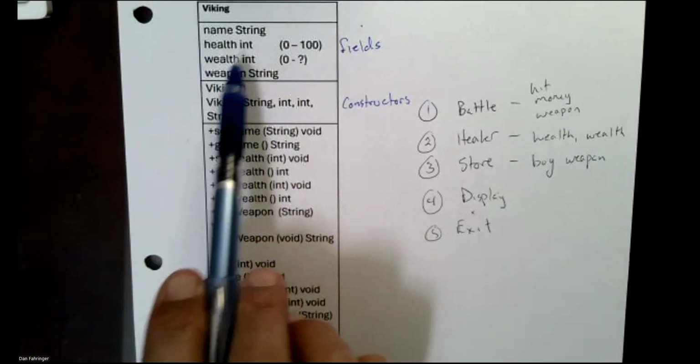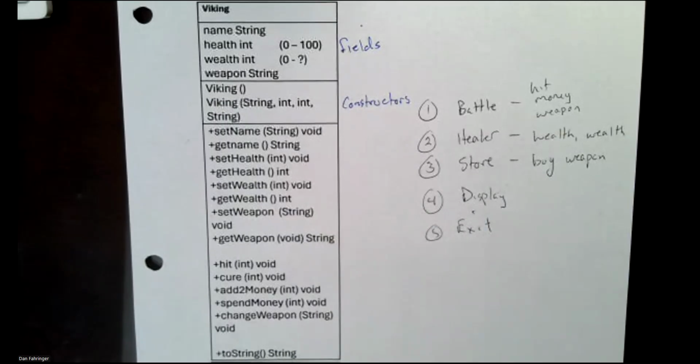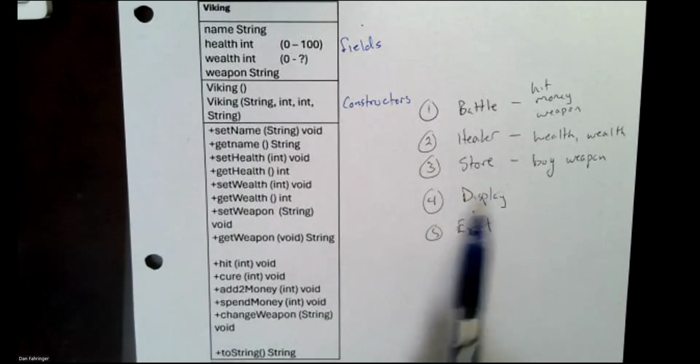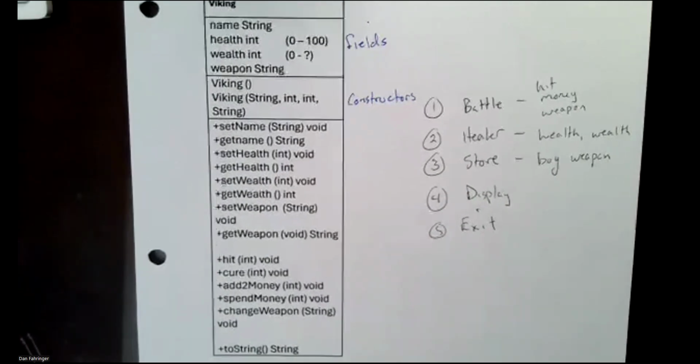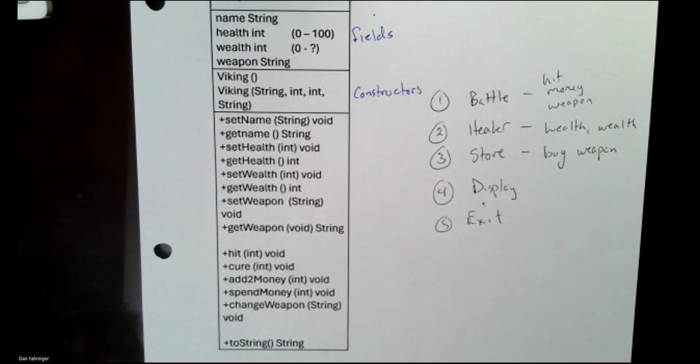You could go to the store and buy a weapon. You could display your character's information, and all of a sudden, with this layout, we have some idea. We could possibly create a game of some sort. A UML chart is nice to have before I start.